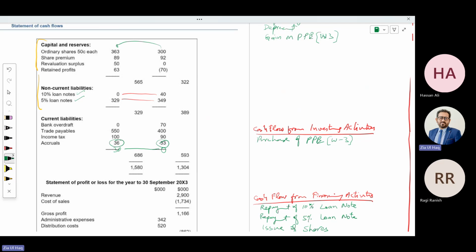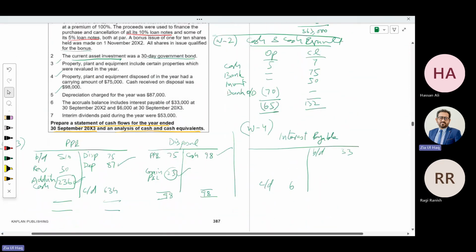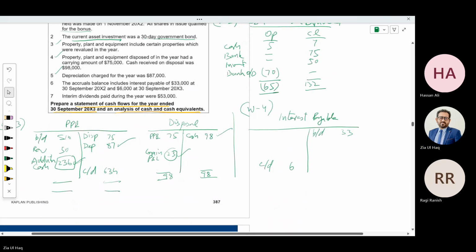That we will adjust under working capital changes: prepayments, receivables, inventory, payables. But from here we can open this interest expense account to know the cash paid for interest that we need to deduct from cash from operations.